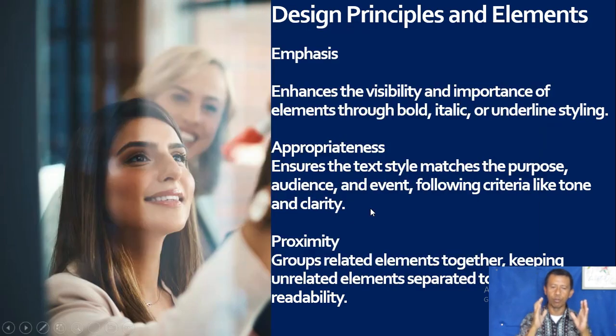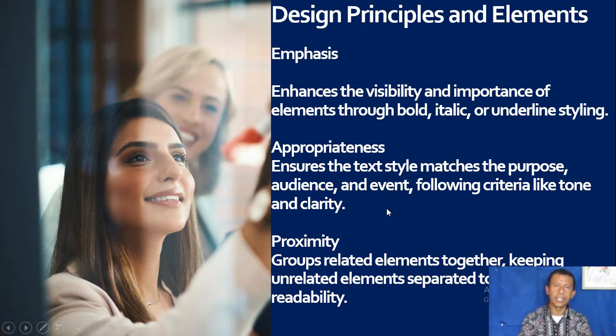You have to match the purpose of the message when you are using the text, and consider what audience you want to convey the message or event to. So clarity and tone in appropriateness really need to be matched to the purpose.